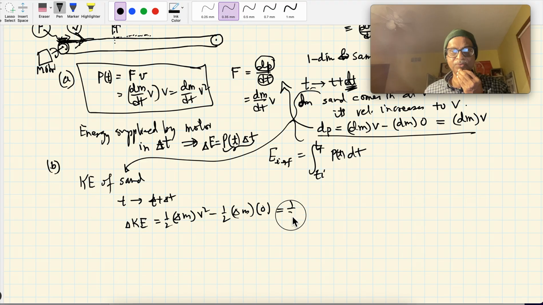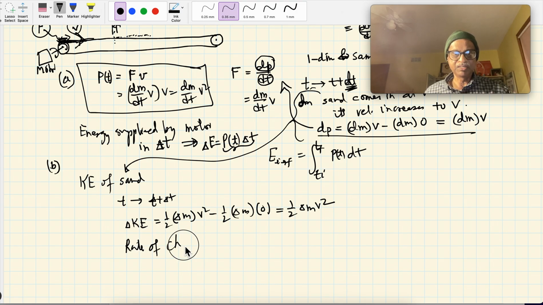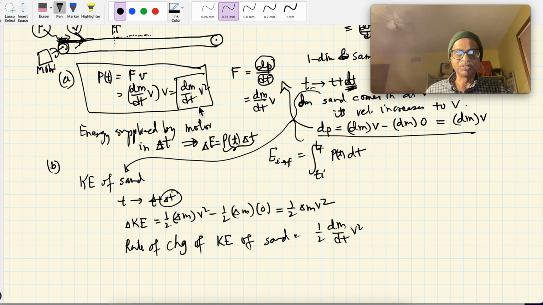So this is half delta m v squared. So the rate at which the kinetic energy of the sand is changing, just divide by delta t, the amount of time it took to change this much. So it's going to be half dm dt v squared. That one is dm dt v squared, and this is only half as much.